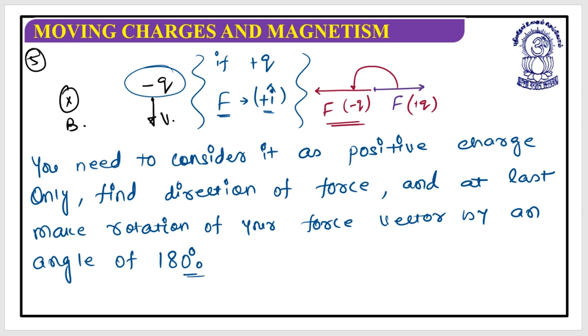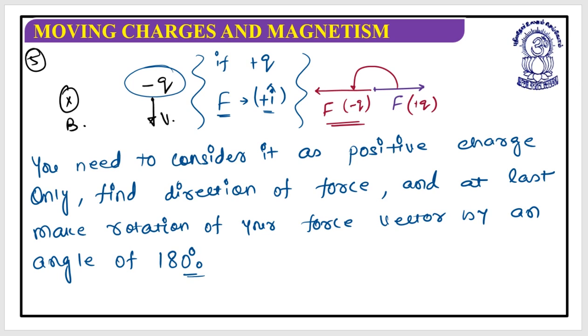When a negative charge or an electron is there, they often just write the electron. They are not mentioning that this is a negative charge, but we must understand that the charge of an electron is negative.